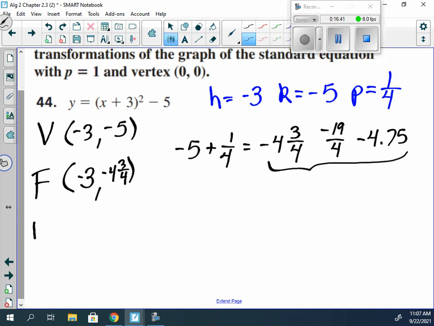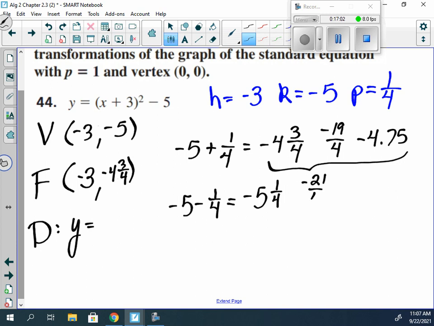Now, the directrix is going to be y equals k minus p. So -5 minus 1/4. Well, that'd be negative 5 1/4, or negative 21/4, or negative 5.25.